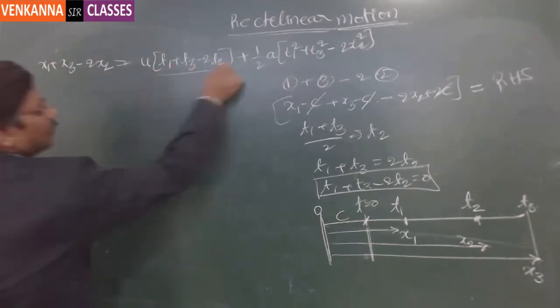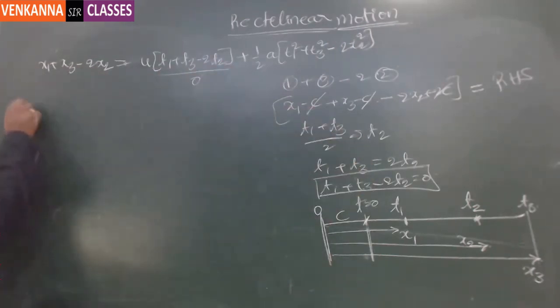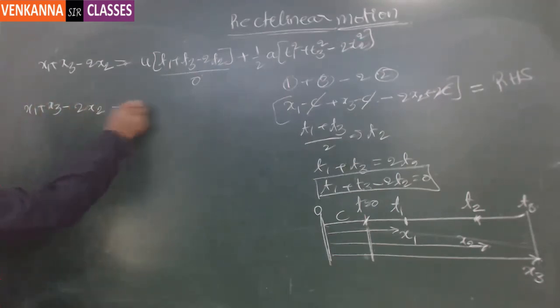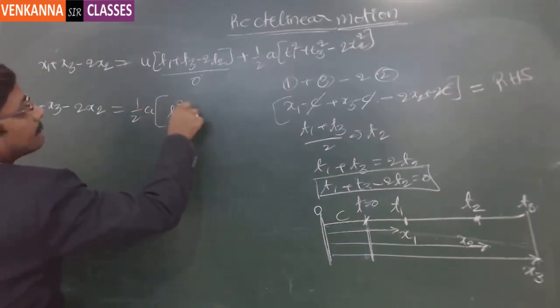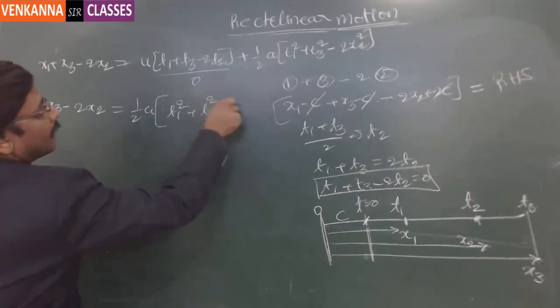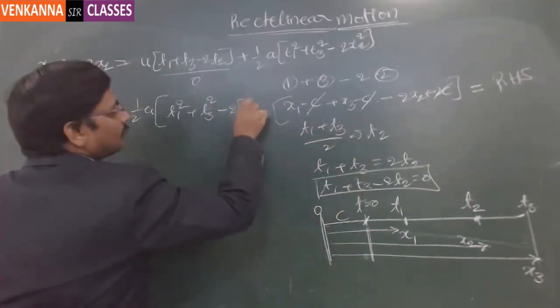So this will become 0 because actually this is coming out to be 0. Then x1 plus x3 minus 2x2 is equal to half a into (t1 square plus t3 square minus 2 times t2 square), again t2 equal to (t1 plus t3) by 2.